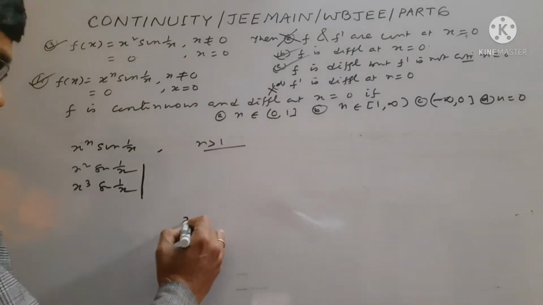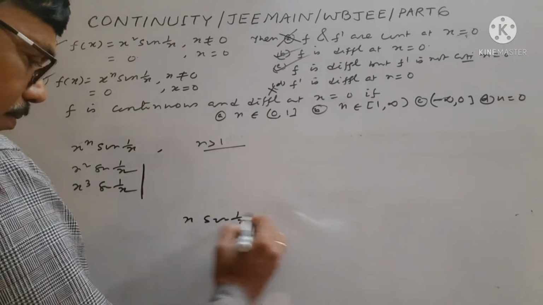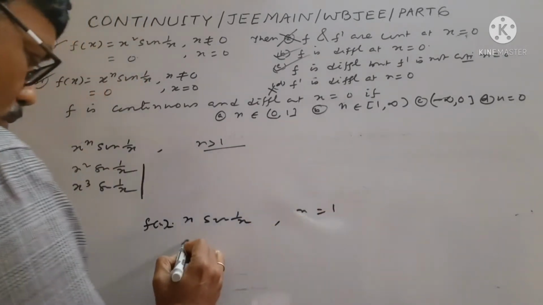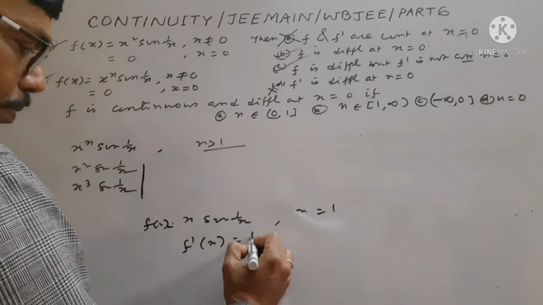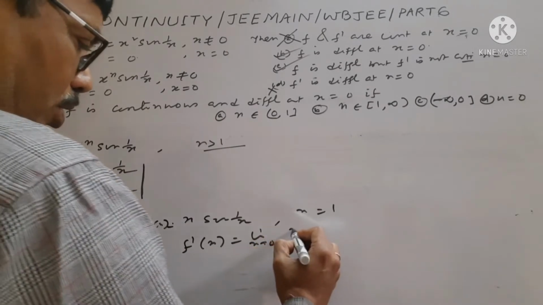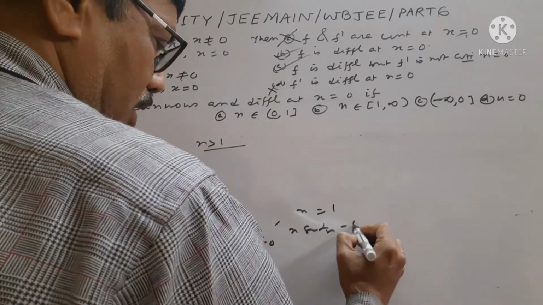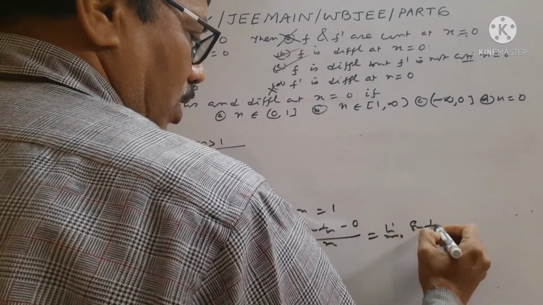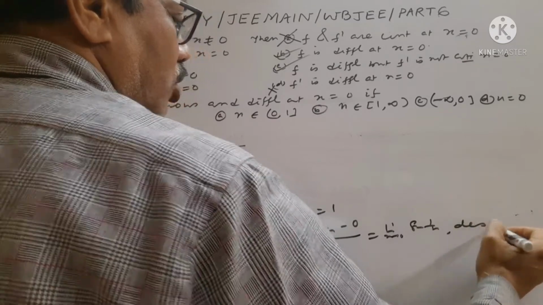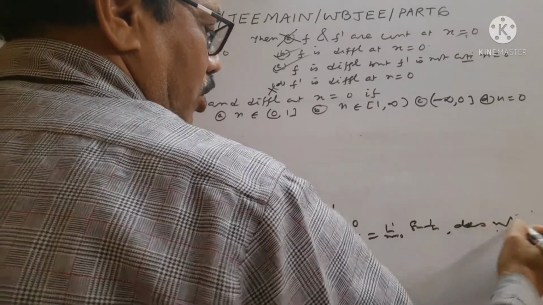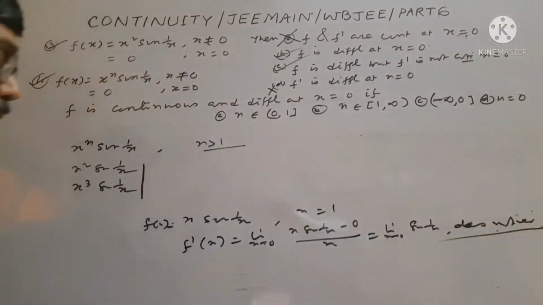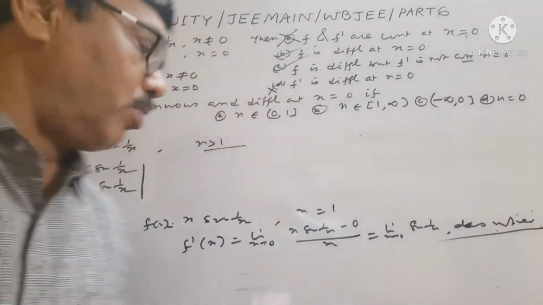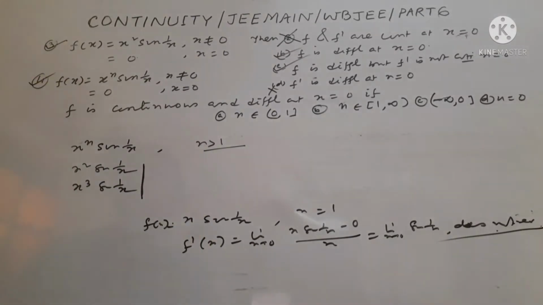But if it is x sin(1/x), f(x) equals, here n equals 1. So what is f'(0)? Limit x tends to 0 of (x sin(1/x) minus 0) by x, so limit x tends to 0 of sin(1/x) does not exist. So you remember x sin(1/x) is continuous but not differentiable.